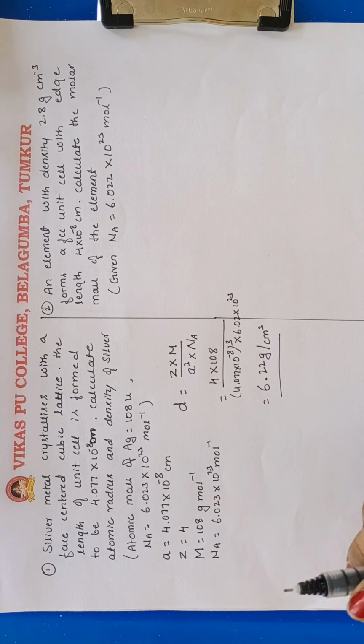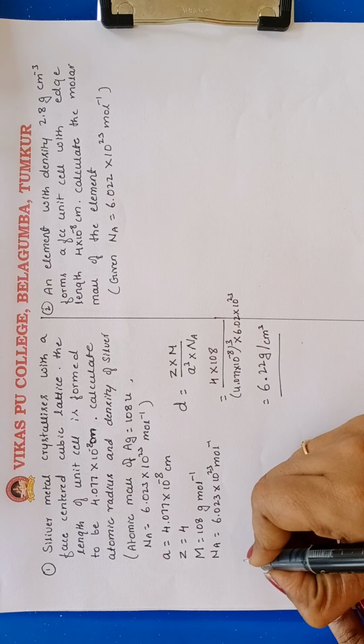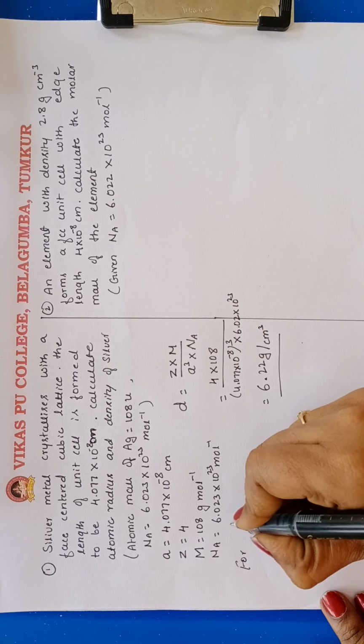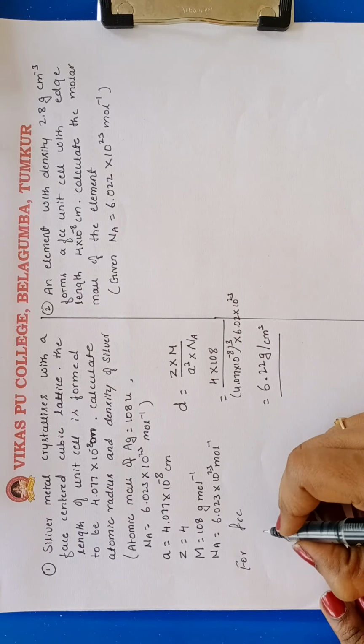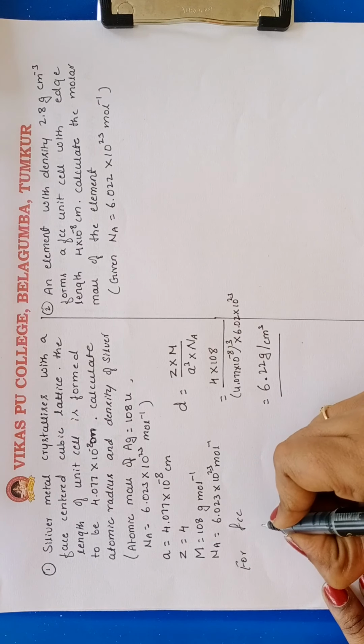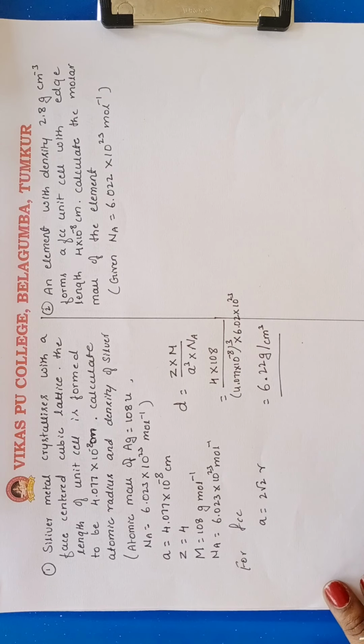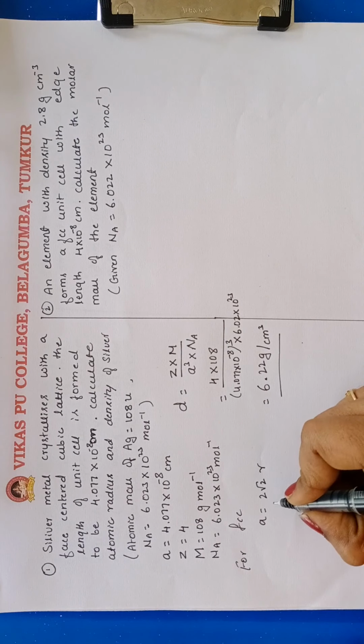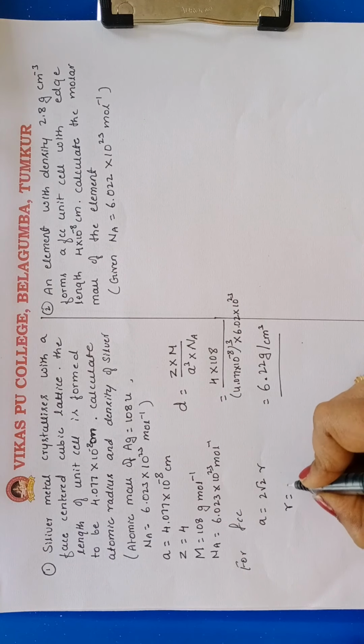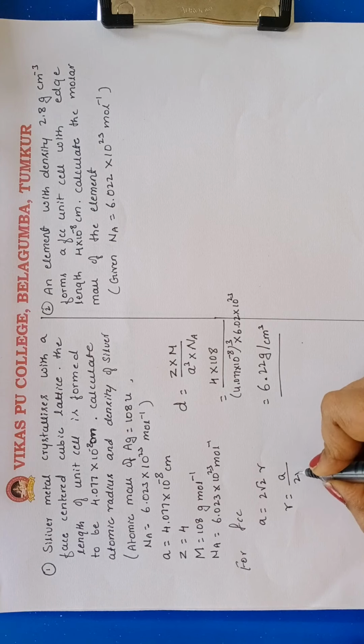We know that for FCC, A = 2√2 R. We should calculate R, so simplifying this formula, R = A divided by 2√2.